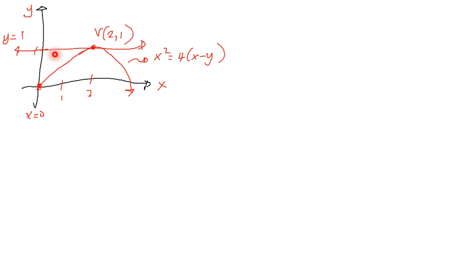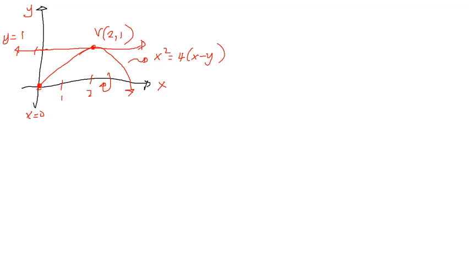So this is the area bounded by the conditions that we have. And this area should be revolved around the x-axis, so that we get the volume generated by revolving this area around the x-axis.